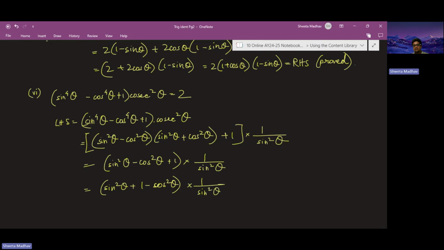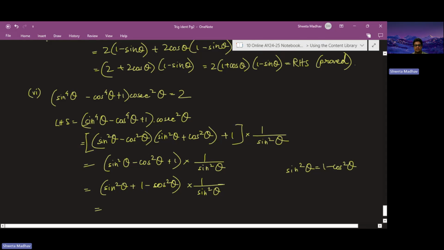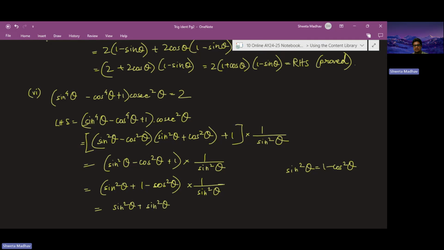Now we know that 1 minus cos square theta we can write as sin square theta. So sin square theta plus sin square theta will be 2 sin square theta into 1 by sin square theta, which is 2 sin square theta divided by sin square theta. The sin square theta will get cancelled, so that is equal to 2, which is equal to the right hand side. So that is good.